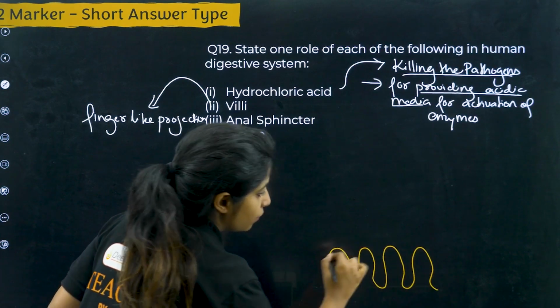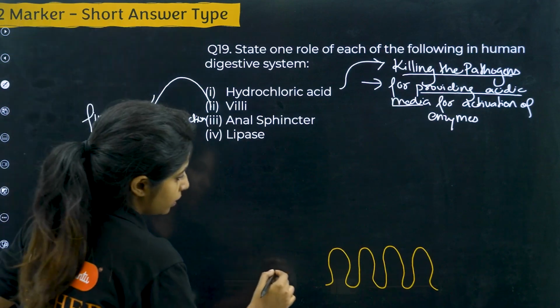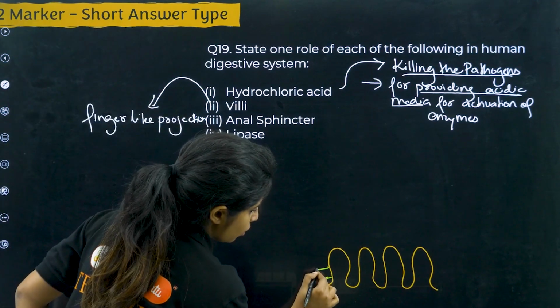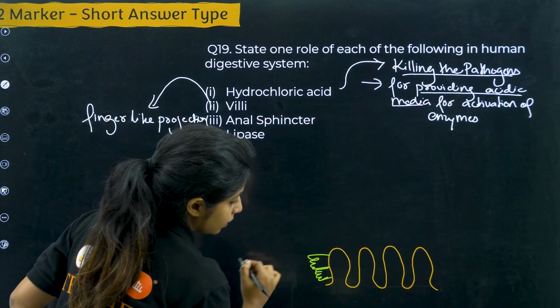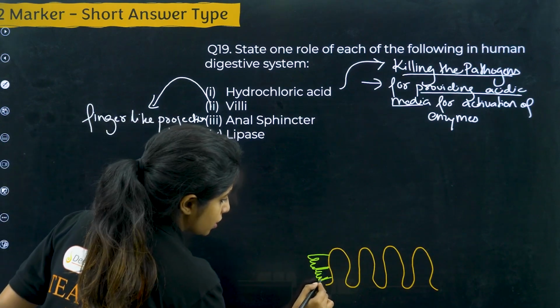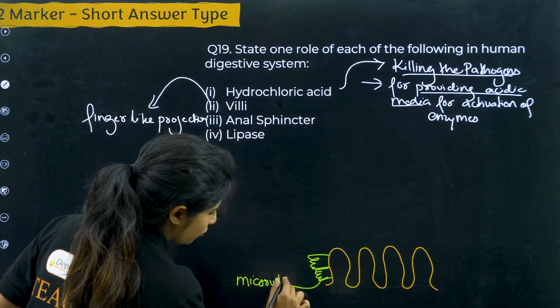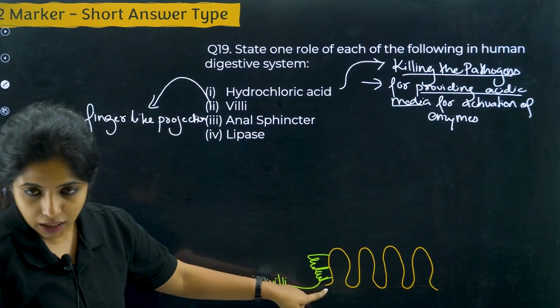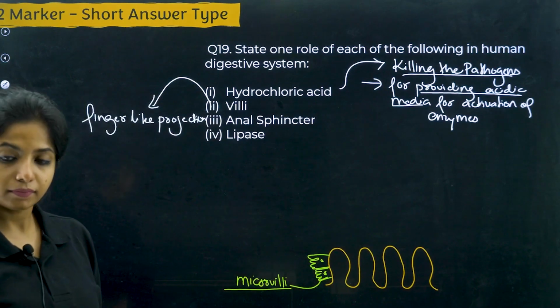This is known as villi, my dear children. Over them also there will be small cells which have finger-like projections like this. You call these small finger-like projections as what? Microvilli. So villi has certain cells over it which will have microvilli at the end.